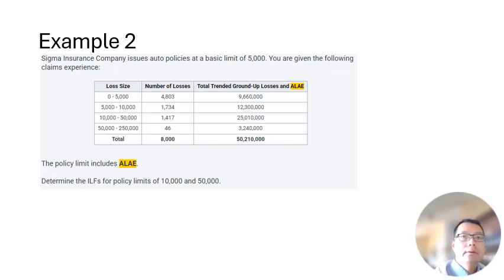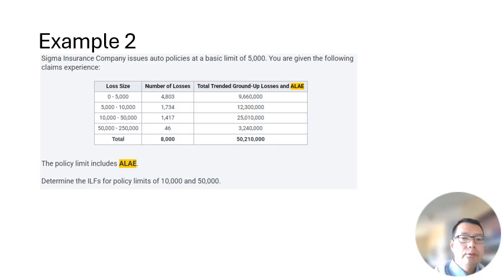Okay, so for the policy limit of 10,000, first we look at the loss size. If we do 0 to 5,000, then the loss will be the same as the payment.